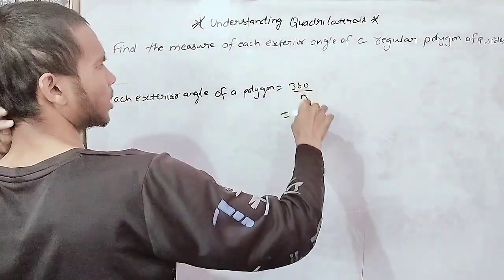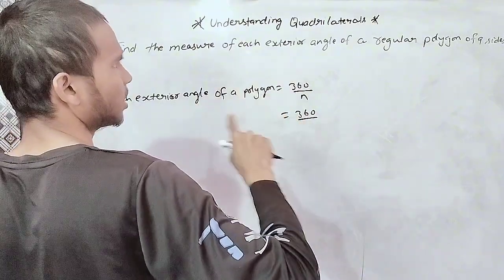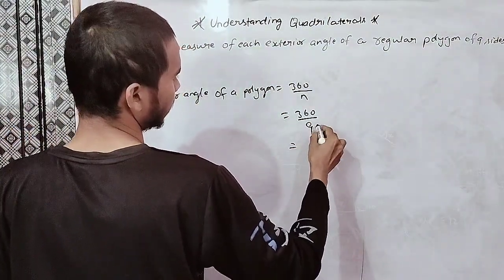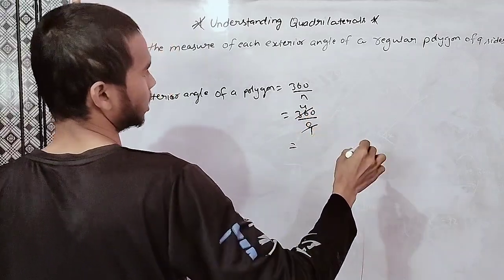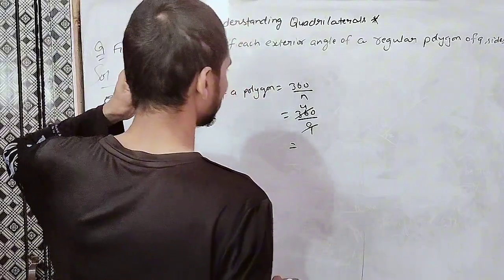This is the formula to find out only one. Then we divide 360 by the number of sides. So the number of sides is how much? 9. 9 fours are 36. Am I right? 9 fours are 36.